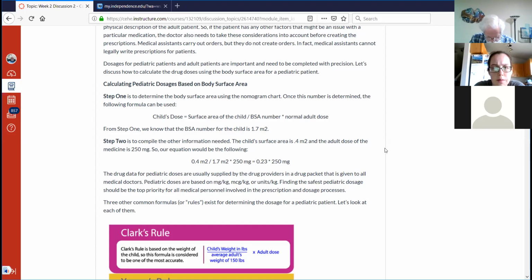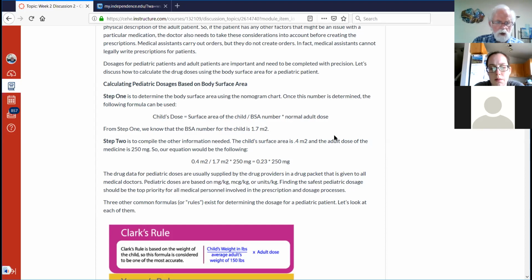For drugs developed based on body surface area, like cancer drugs, we calculate the patient's body surface area and multiply that by the recommended dose per square meter. If the dose is 50 milligrams per square meter, for an average adult we'd multiply that by 1.7, if that was the body surface area of that adult.